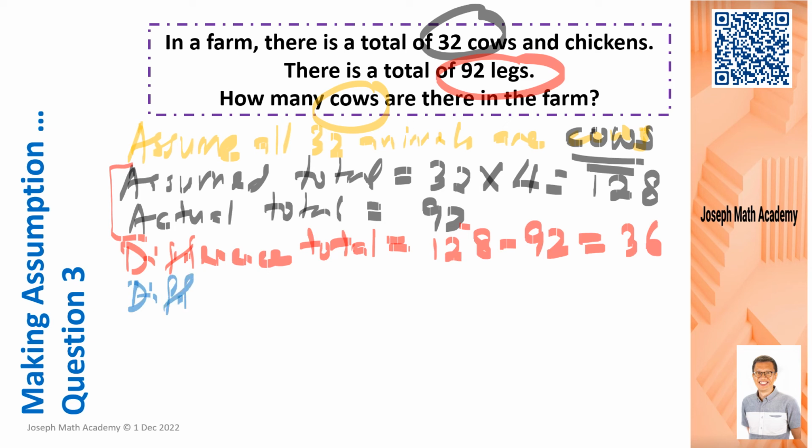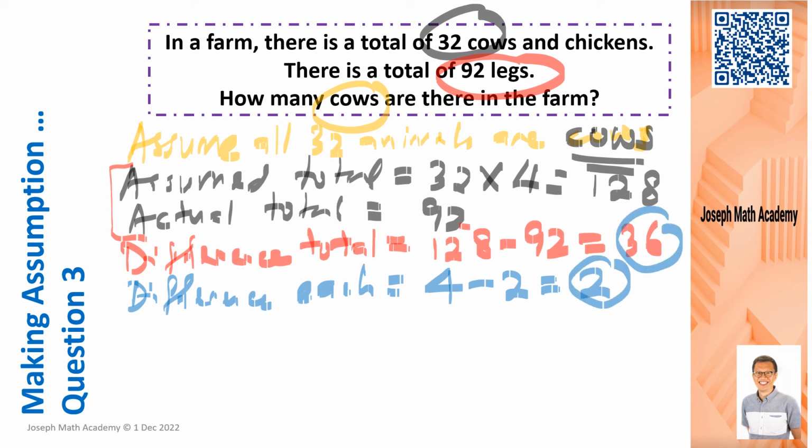Now after this, we always do the next difference. This time, the difference is in each animal, right? One cow has 4 legs, one chicken has 2 legs. So for each cow or each chicken, the difference between their legs will be 2. Take these two differences and find the quotient. That means we divide them.